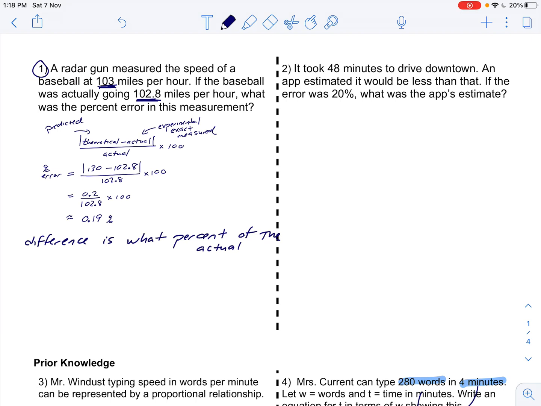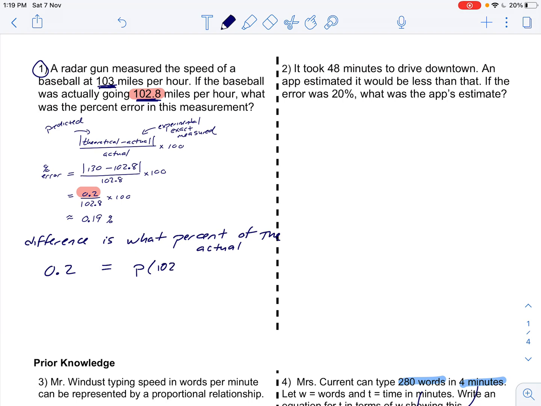In this problem, the difference is listed right here, 0.2. So I would have to subtract the two values, and I'm always going to be positive. So what this question becomes is: 0.2 is what percent? That's what I'm trying to find, so let me put a P right there, of the actual value. The actual value in this one is, again, 102.8.